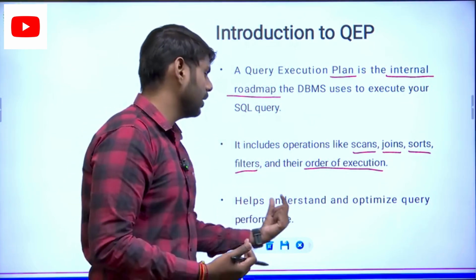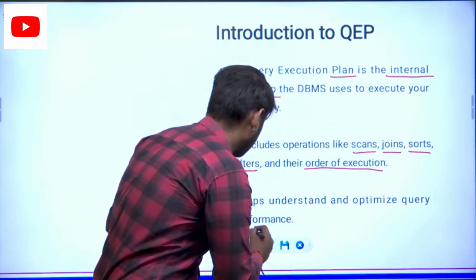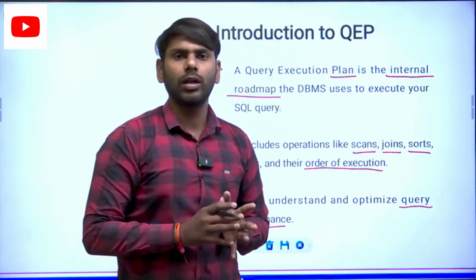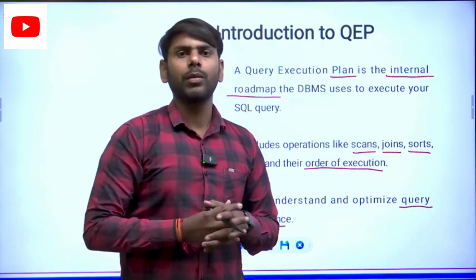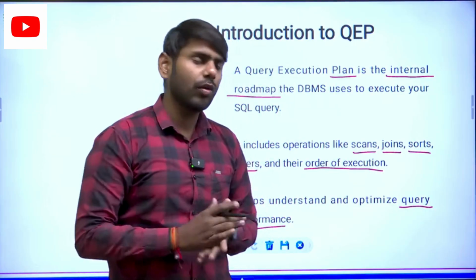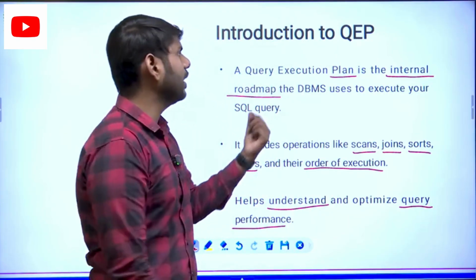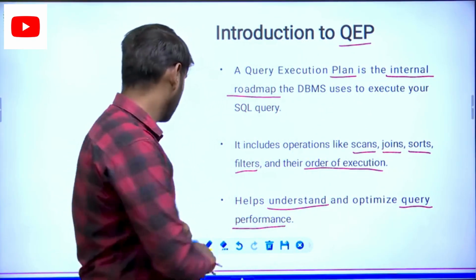Next, it helps understand and optimize query performance. If you want to optimize the query performance, because we need really good performance in the execution of our query, for that we need this QEP, the query execution plan.